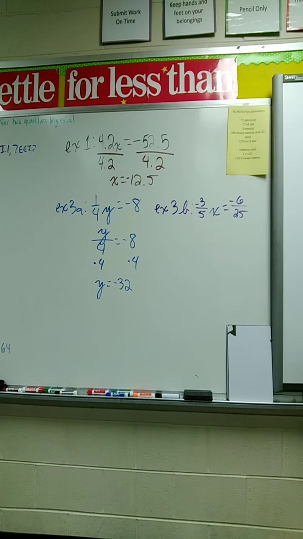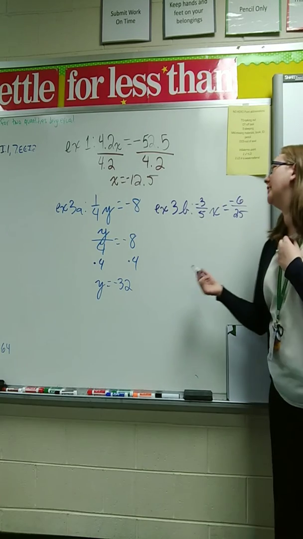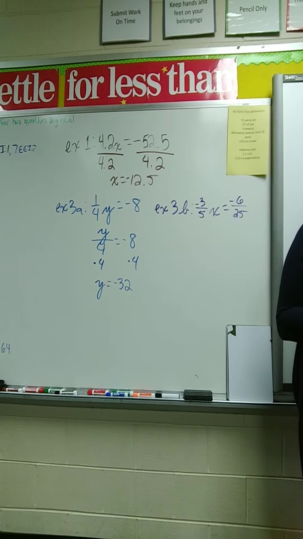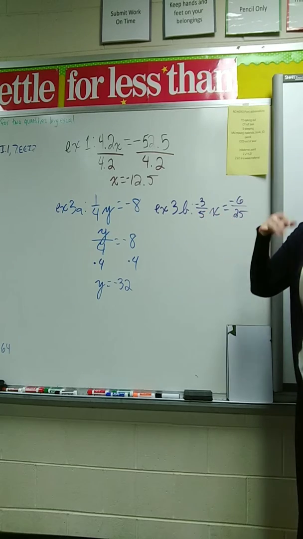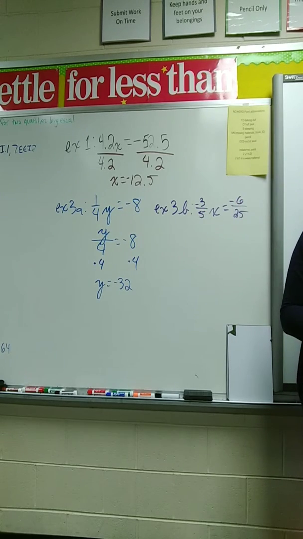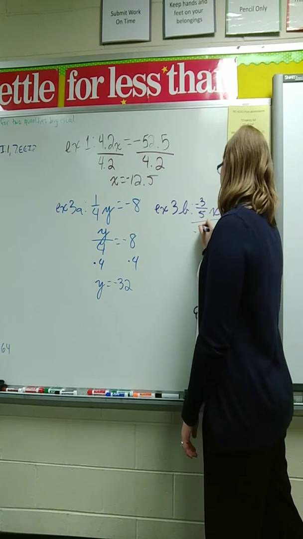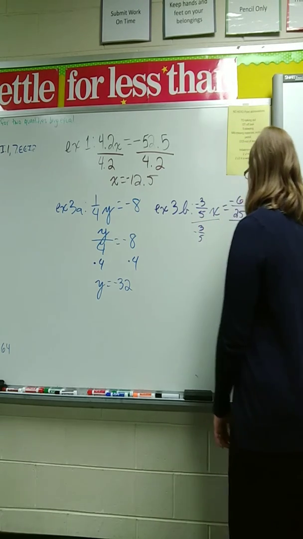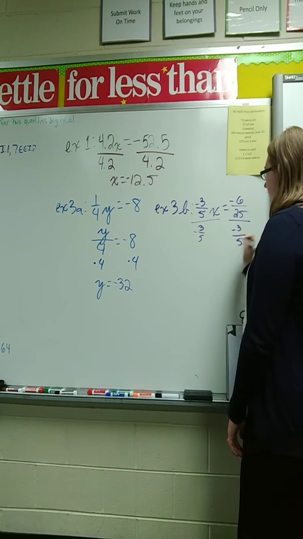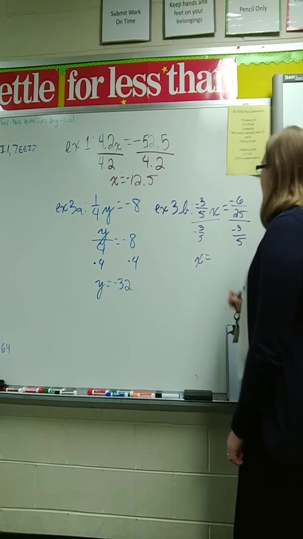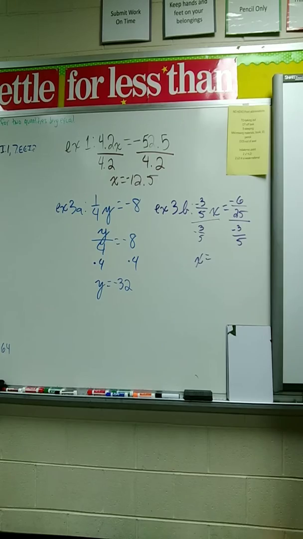It doesn't matter. Personally, I'm going to show that I'm dividing by 3/5 because that way, in my mind, I'm showing that I'm using the opposite operation from the one I'm given. Okay? So I'm going to divide both sides by negative 3/5. That leaves us with x equals some fraction that I need to work with.